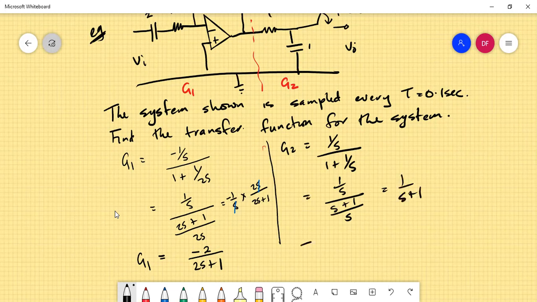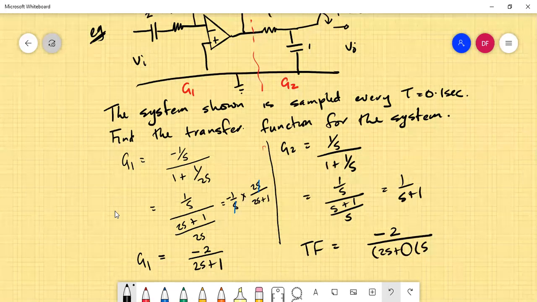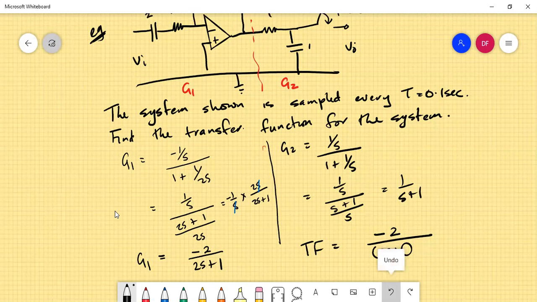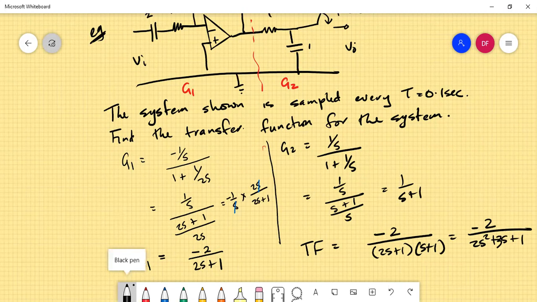So the transfer function for the system is going to be minus 2 over (2s plus 1)(s plus 1). Expand that out, minus 2 over 2s squared plus 3s plus 1, sorry. That's what you got? Yes, sir.